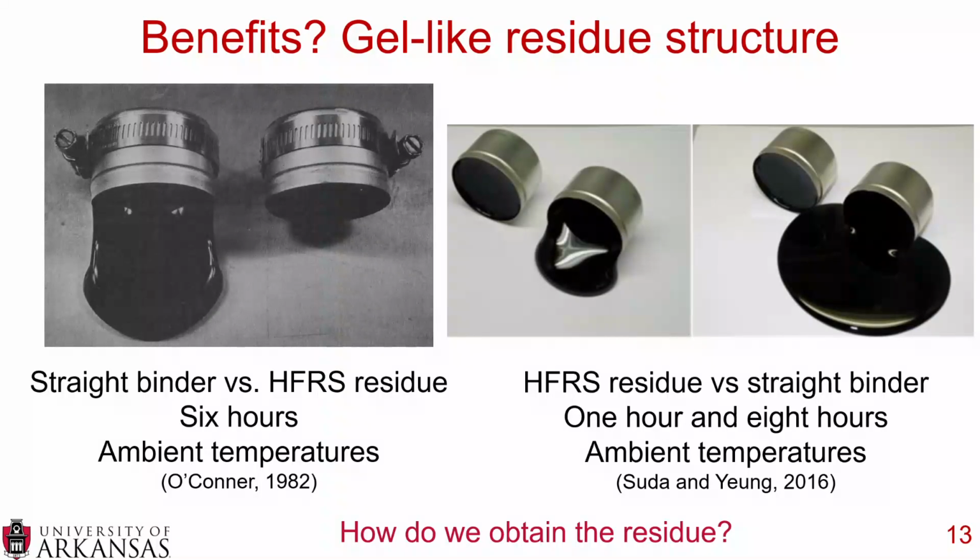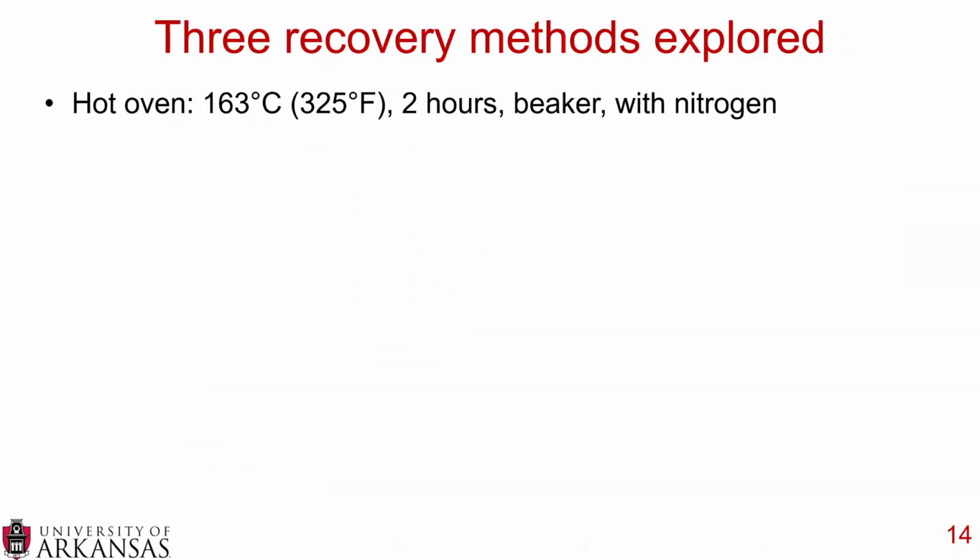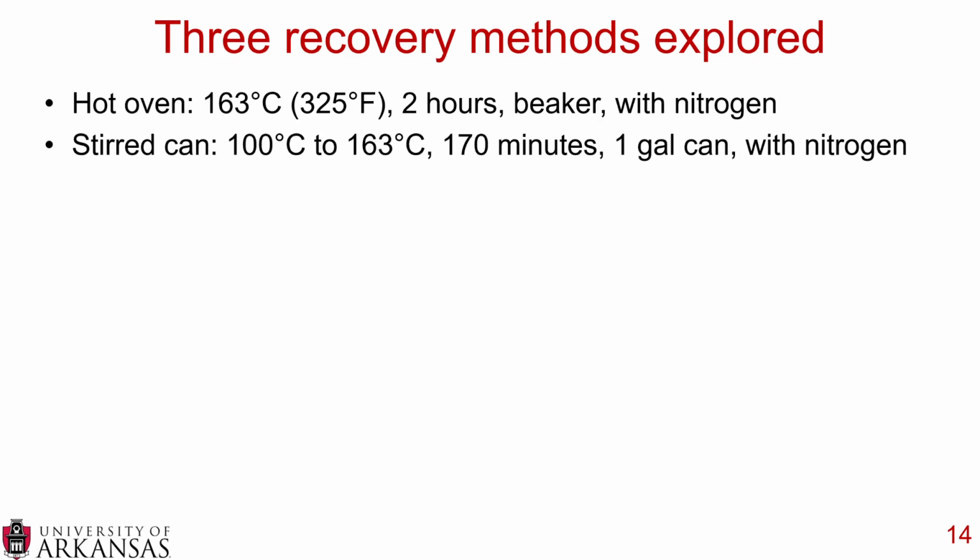Now, how do we obtain this residue? This is actually a very interesting question for asphalt emulsions in general, but specifically for high floats, what did people do to obtain the residue? Well, you can put it in a hot oven at 163 degrees Celsius for 2 hours in a beaker and have nitrogen in there.